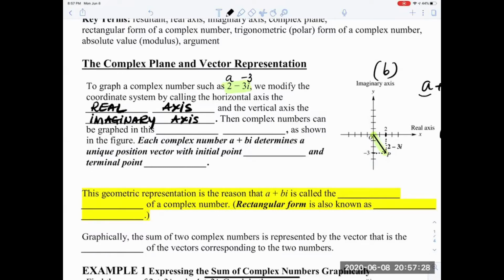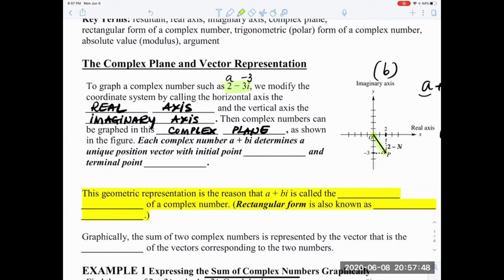Then the complex number can be graphed in this so-called complex plane, and that's depicted in a picture.